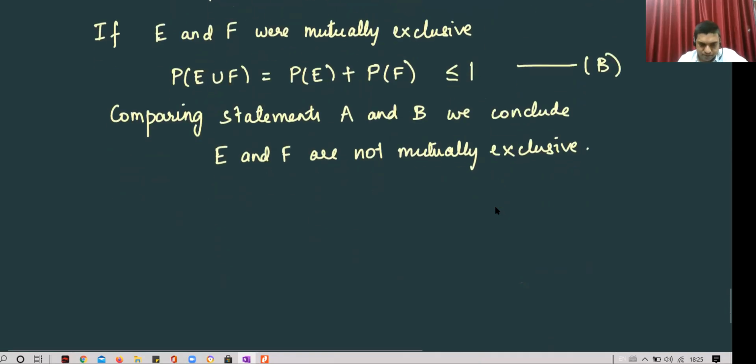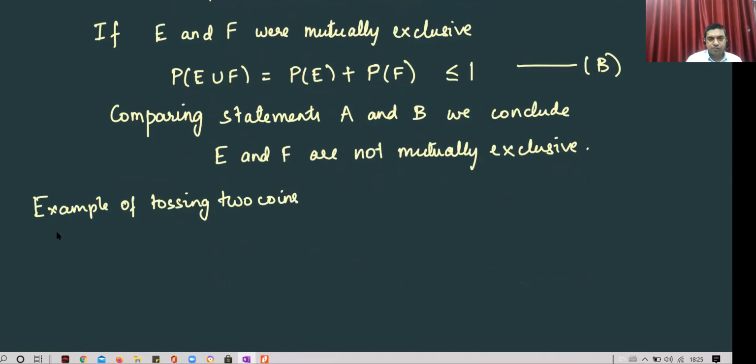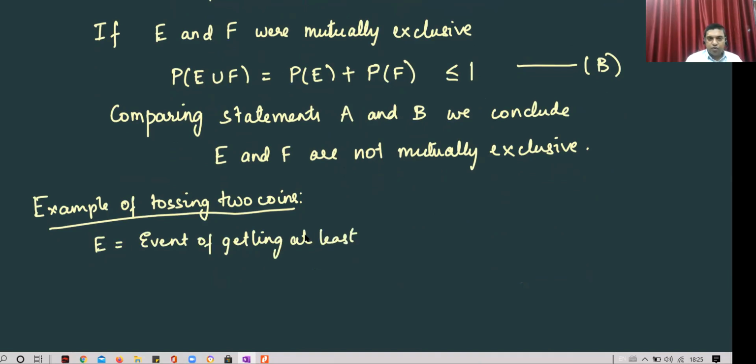Yes, sir. Please. Okay. Let's take an example of tossing 2 coins. E is the event of getting at least one tail.